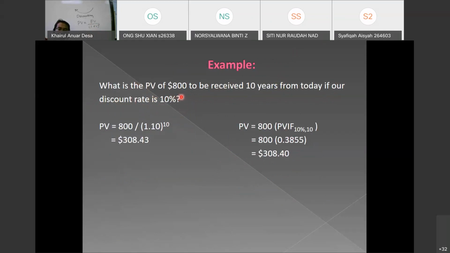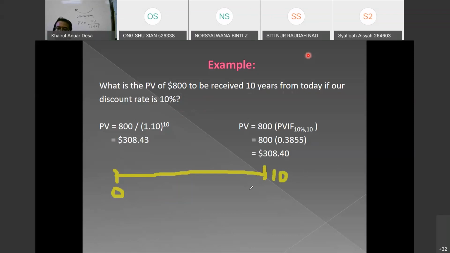Okay, kalau kita lukis timeline, this is 0. Berapa tahun tu? 10 years. This is the 10 years.